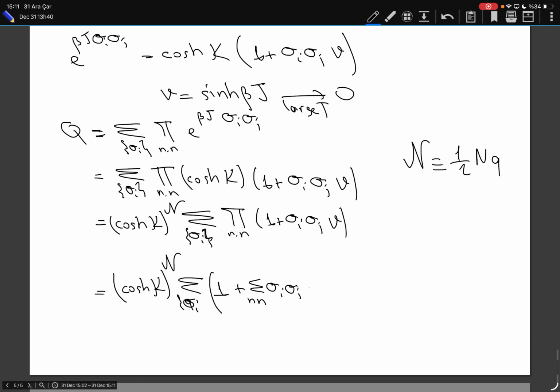I can pick up sigma i sigma j from 2 of the parentheses that I'm multiplying out. So that will give me sigma i sigma j, let me say sigma k sigma l. But since there are 2 different parentheses, i and j should not be equal to k and l. And of course here I have a v, here I have a v squared. Of course I have higher order terms.